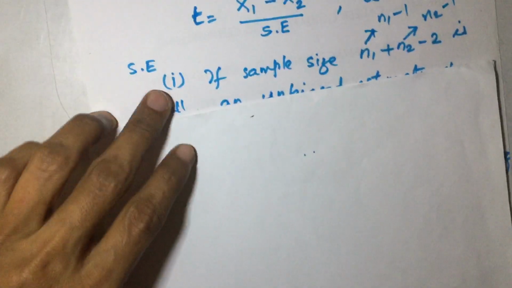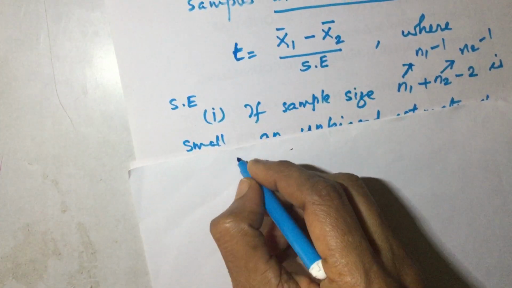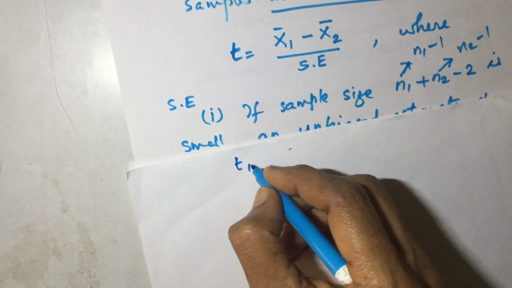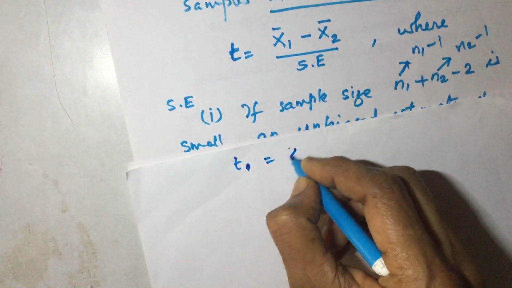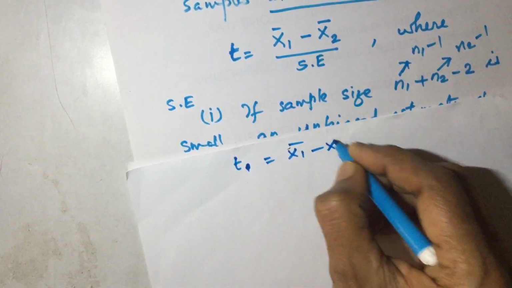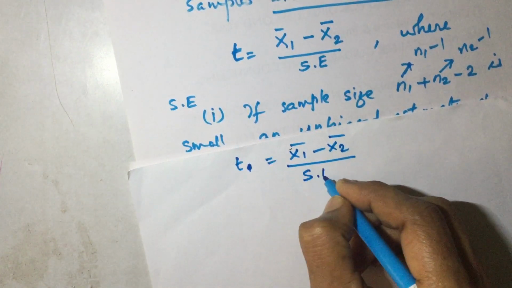So after this, in both the cases, after finding these two, we write that T is x1 bar minus x2 bar divided by standard error.